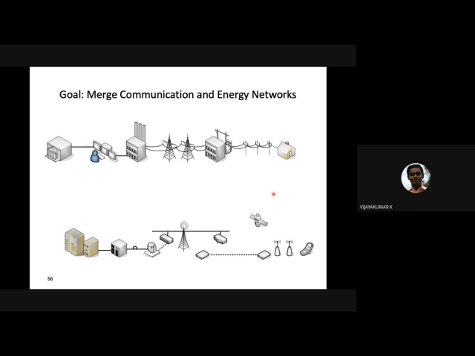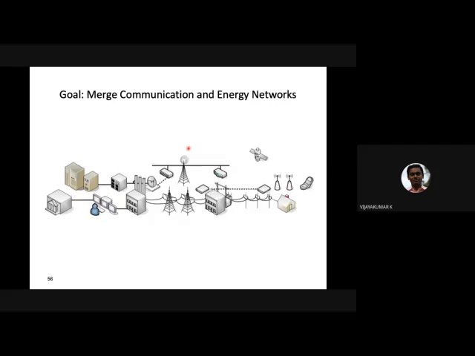So this will be sent to the network, and the network can communicate to each device. So we are merging the communication with the energy network. This is also a network, communication is also a network, and we are merging these together. This way we can merge it, and finally we can make the grid smarter. So computer science comes into the place with the electrical engineer to make the grid smarter.